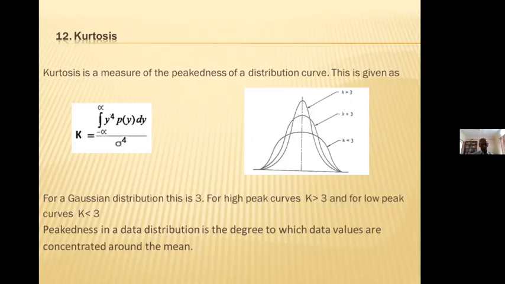So the peakedness in a data distribution is the degree to which the data values are concentrated around the mean. If they are not concentrated around the mean, then the peakedness can be more or peakedness can be less. So this is the thing to remember.